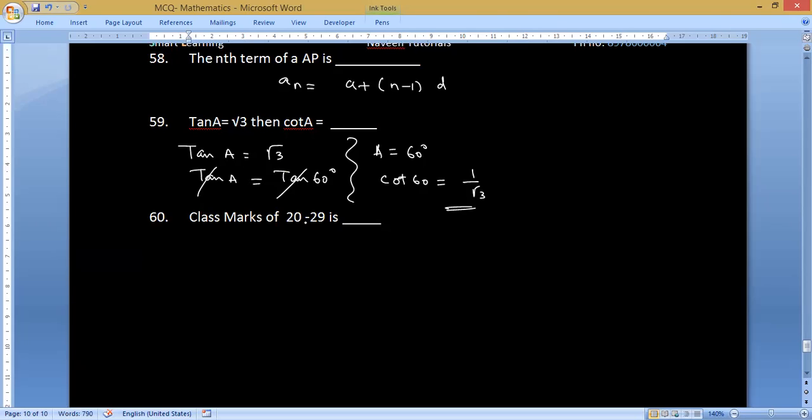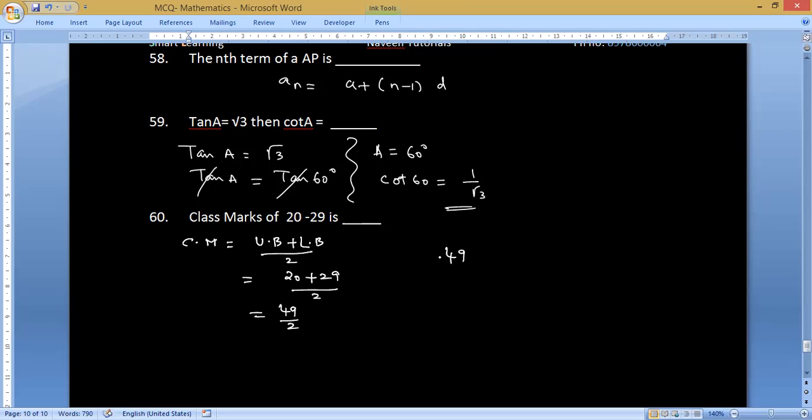Class marks of 20 to 29. The class marks formula is upper boundary plus lower boundary by 2. It means 20 plus 29 by 2, that is 49 by 2.